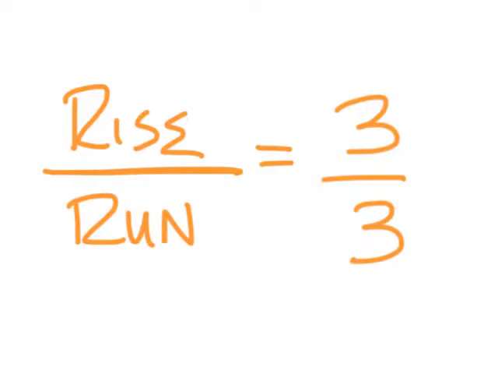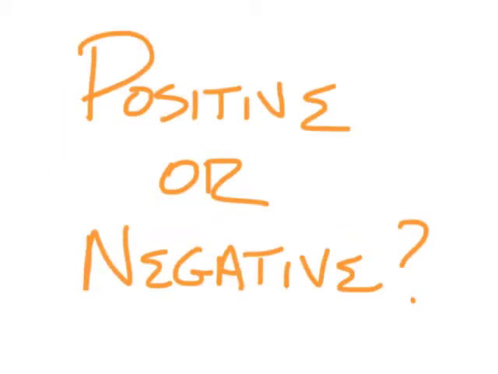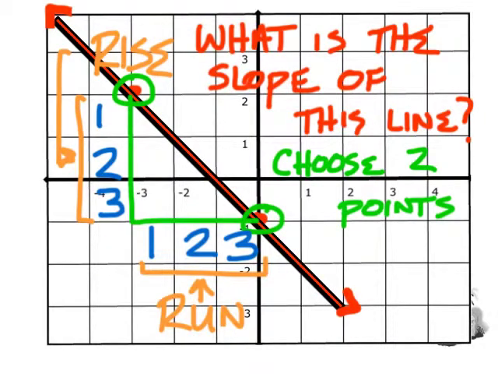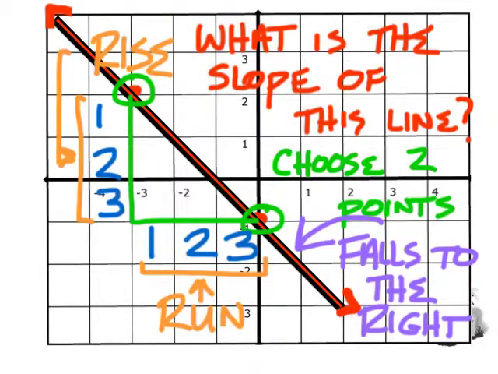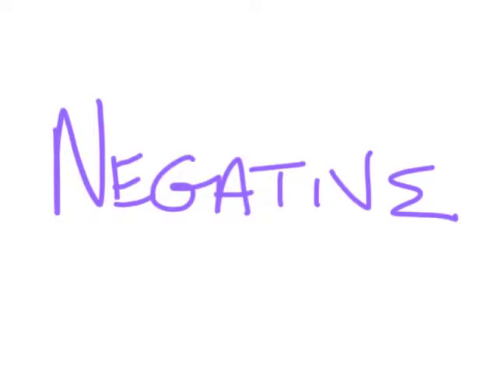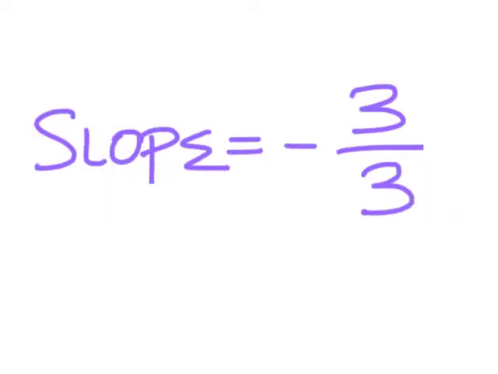3 over 3 is what we have so far, but some of you put 1, some of you put negative 1, some of you put negative 3 over 3, all of which could be right so far in the problem. But is it positive or negative? Now we go further. Did the line fall to the right or rise to the right? Fell. So therefore, it falls to the right and it has to be negative. So now it's a negative slope. So the slope is really negative 3 over 3 right now.